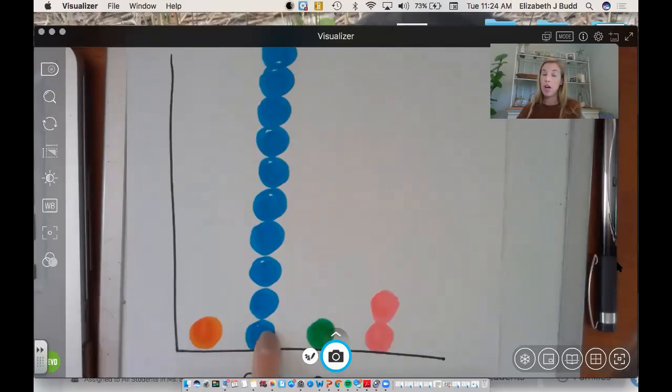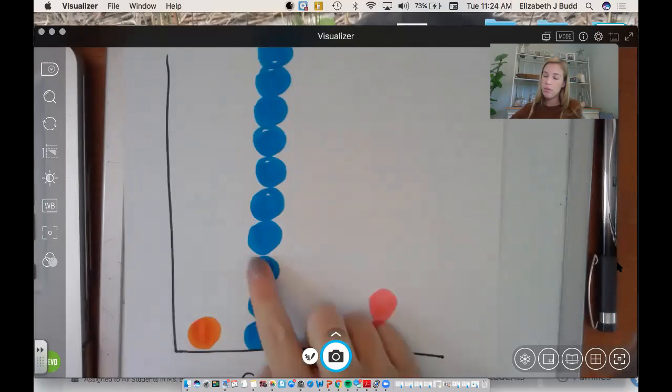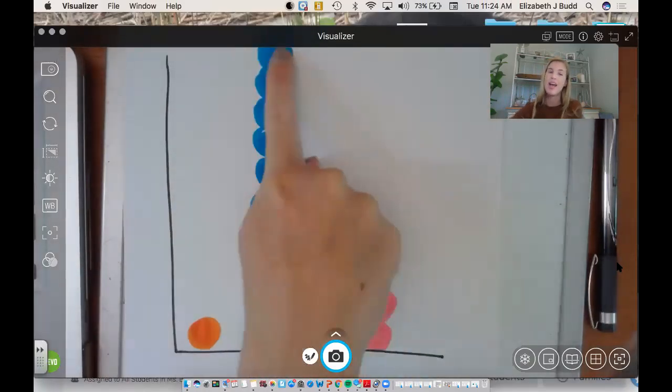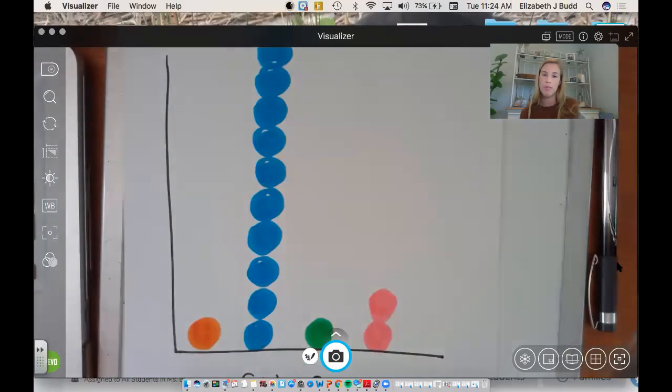In the blue column, we had 10 students that liked blue, so I drew 1, 2, 3, 4, 5, 6, 7, 8, 9, 10 circles in the blue column. We had 1 student that liked green, so I drew 1 circle in the green column. And we had 2 students that liked pink, so I drew 2 circles in the pink column.